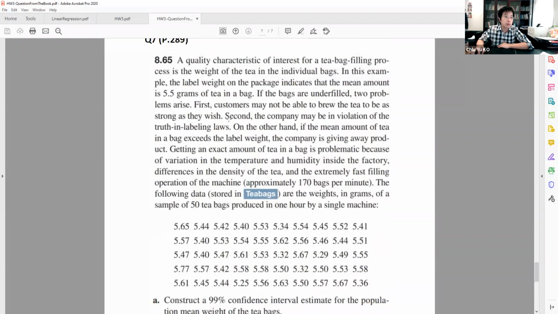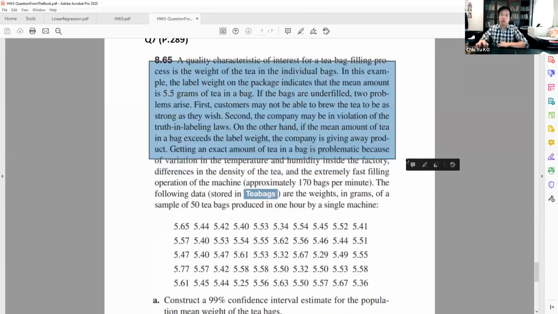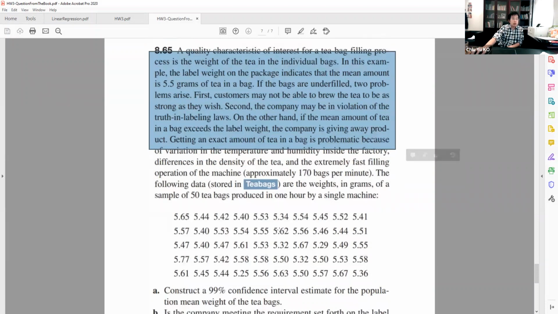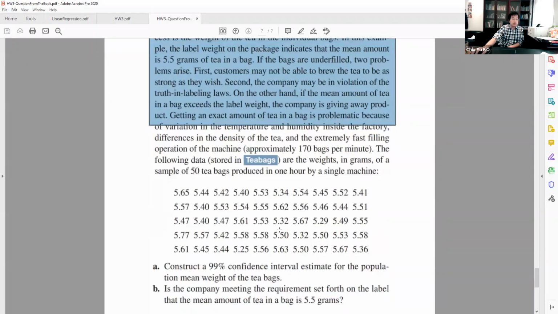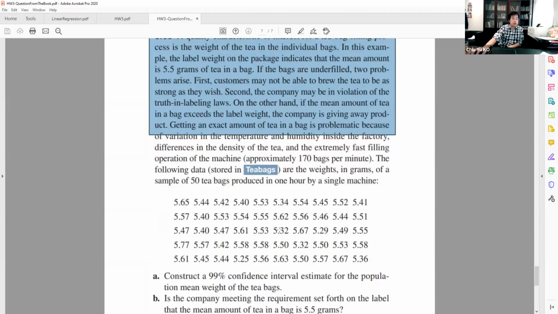You can read the whole question, then you will see what kind of alternative hypothesis you want. Is it one-sided or two-sided? Then what kind of percentage you want to use.